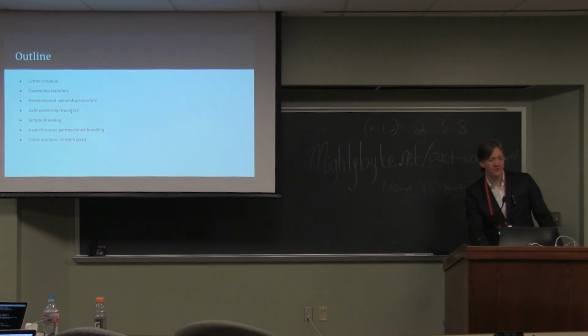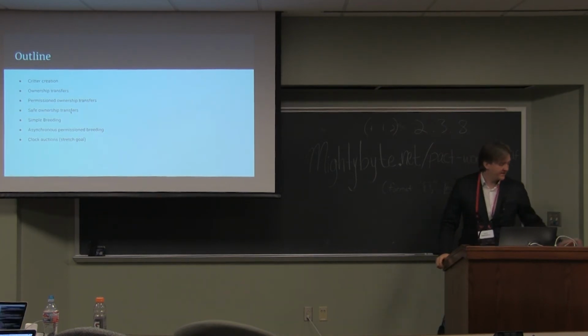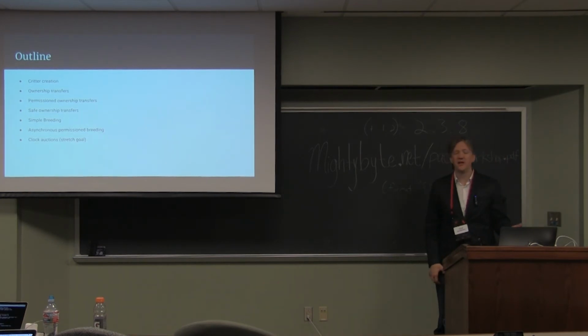Okay, so we've got safe ownership transfers done. We've got basically two things: the simple breeding, and what I call asynchronous permissioned breeding. We can do some looking at clock auctions if you want.